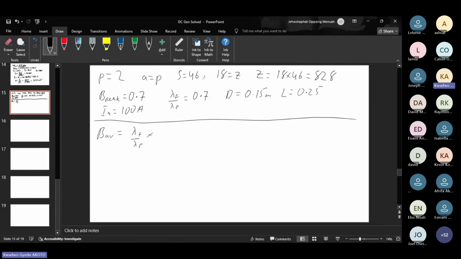So our average flux is essentially the effective flux being felt by our poles, right? So we are going to have here 0.7 times 0.7, 0.49 Tesla, right?